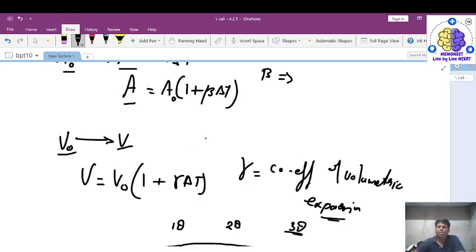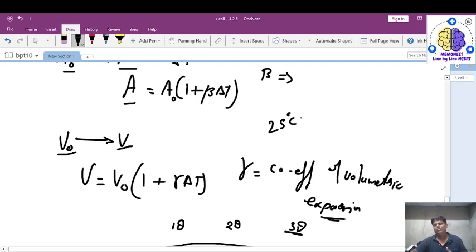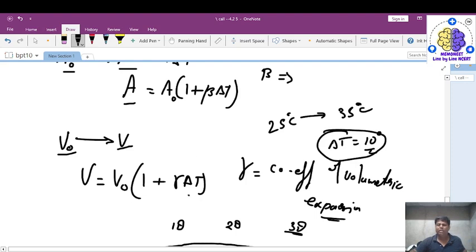Suppose we heat a body such that its temperature changes from 25 degrees centigrade to, let's say, 35 degrees centigrade, then the change in temperature delta T will be taken as 10 degrees centigrade, right? This is the delta T that will be placed in the formula.